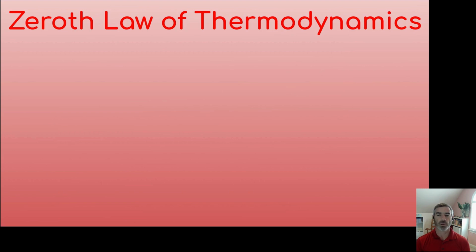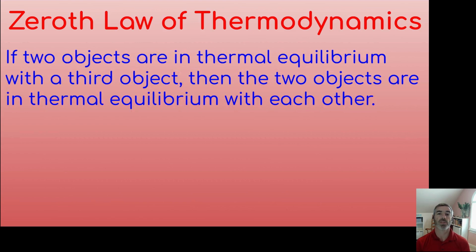Now we're going to talk about the Zeroth Law of Thermodynamics. You might be thinking that's kind of a weird name. Well, they came out with the first and second law of thermodynamics and then decided that a basic topic was so important it deserved its own law. So they went before the first and named it the Zeroth Law. It states that if two objects are in thermal equilibrium with a third object, then the two objects are in thermal equilibrium with each other.